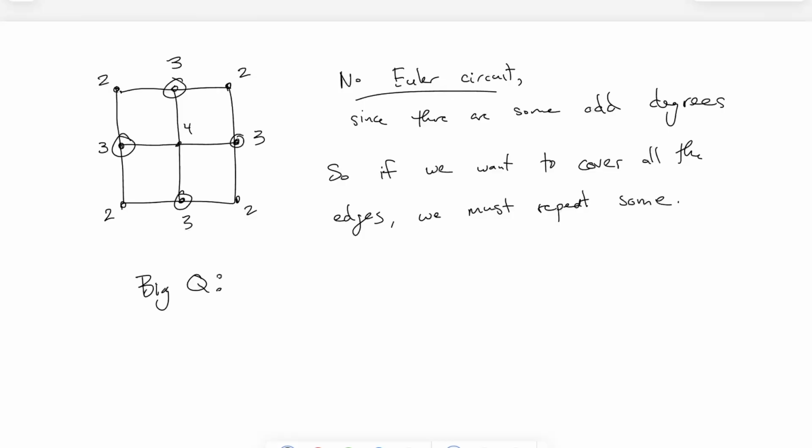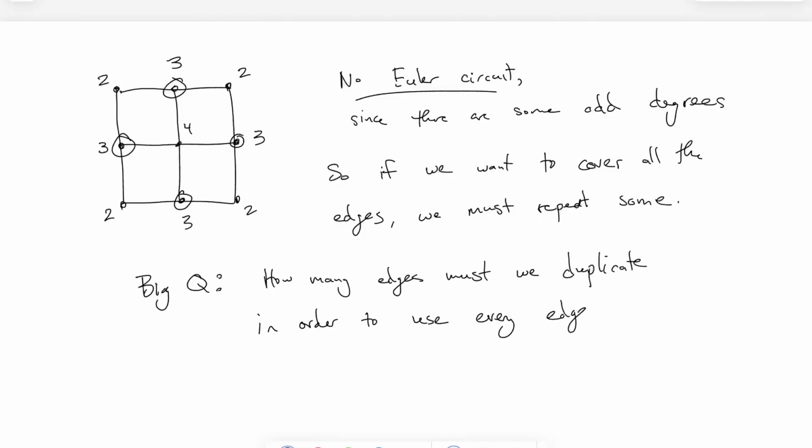But anyway, that is: how many edges must we duplicate in order to use every edge? That's the question. Because you're going to have to repeat some of the edges, but how many? Can you do it repeating only one edge, or only 2 edges, or whatever?